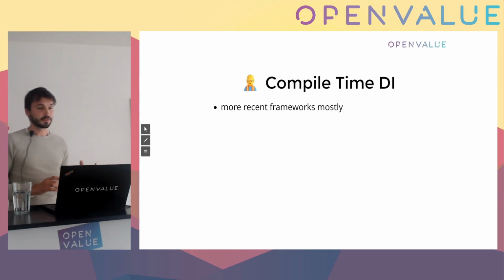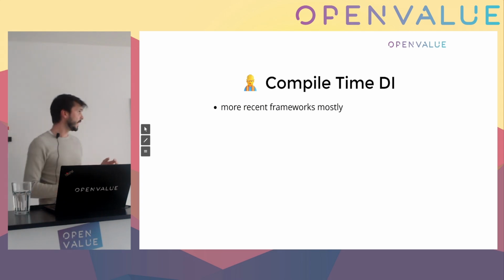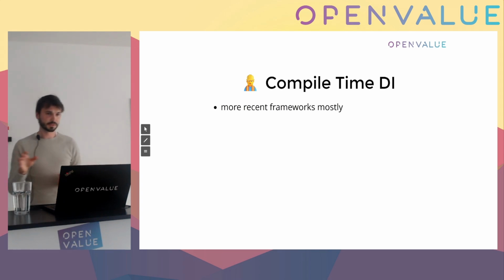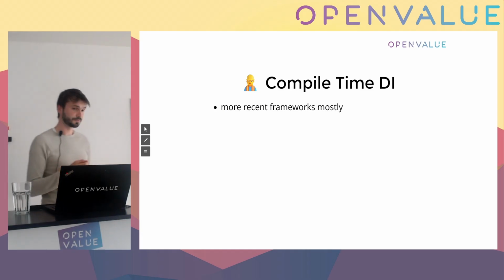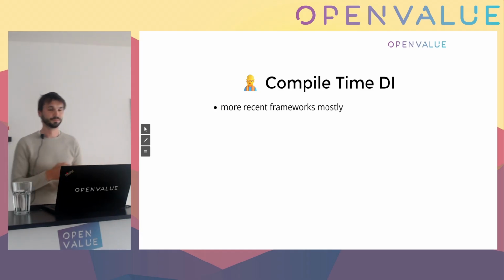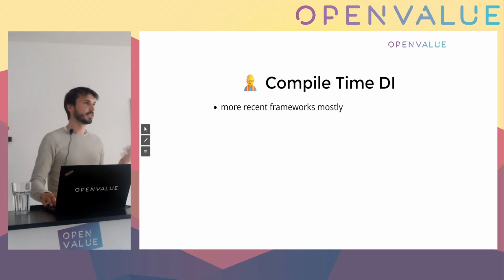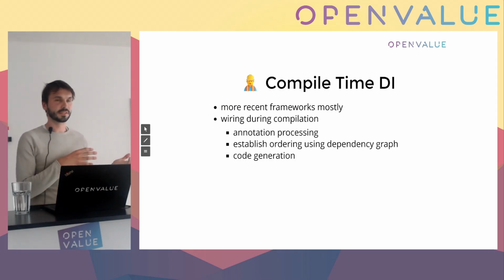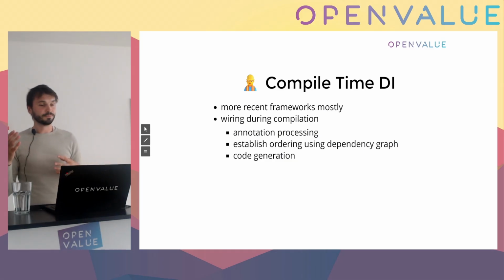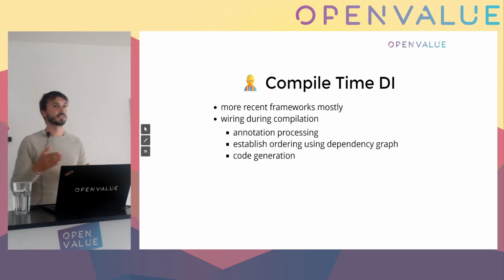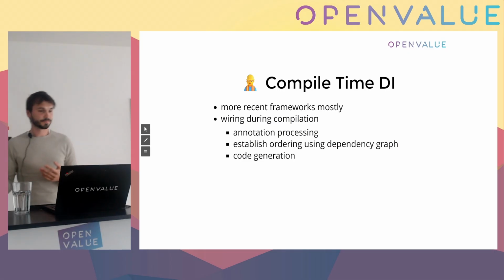So let's first have a look at compile time frameworks. Most of the modern frameworks, the frameworks that were recently released, do compile time. It means that the wiring is done during compile time. What happens there is the dependencies are scanned using annotation processing.